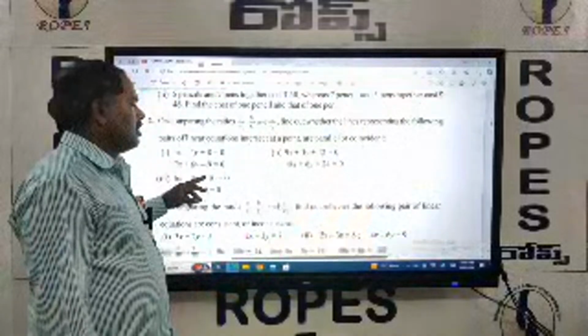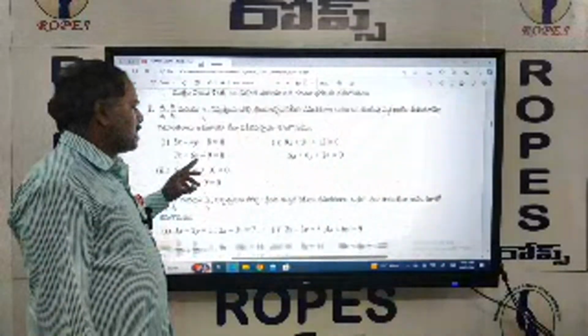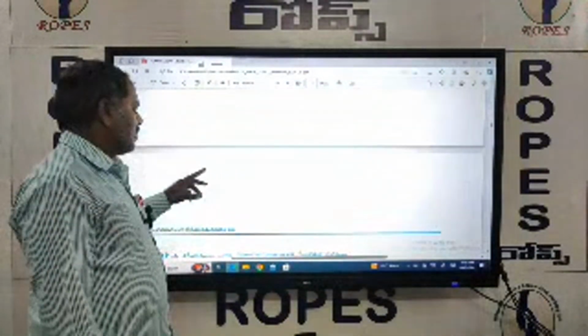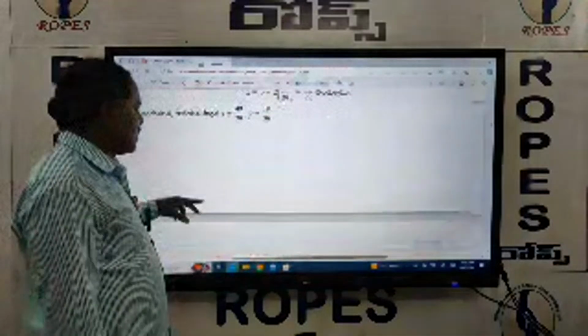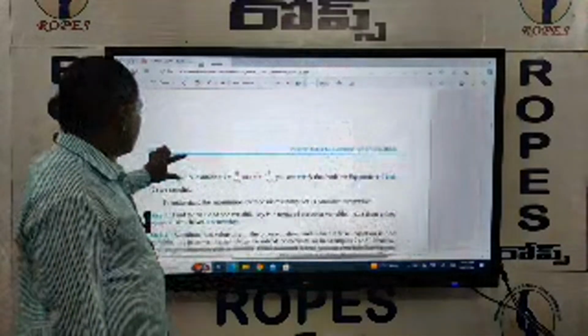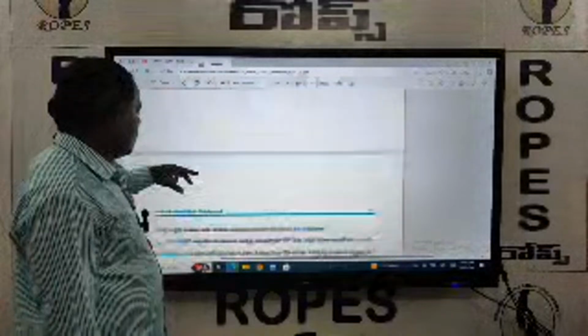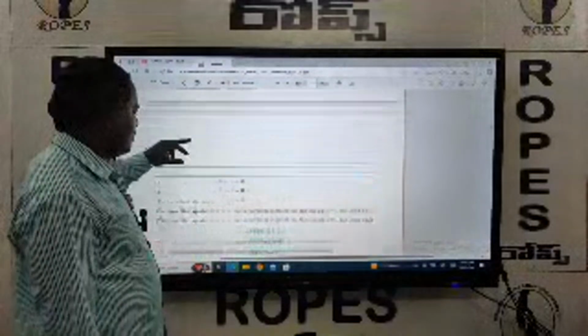Okay, so now we should learn about exercise 3.1. In exercise 3.1, if you observe that exercise, they have given the relation between the zeros and the coefficients.